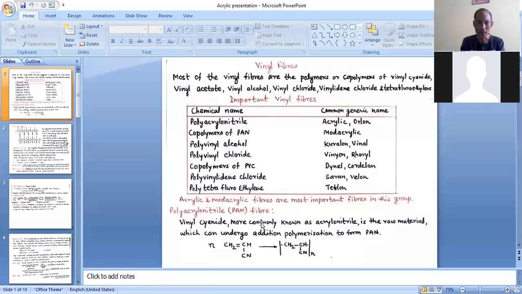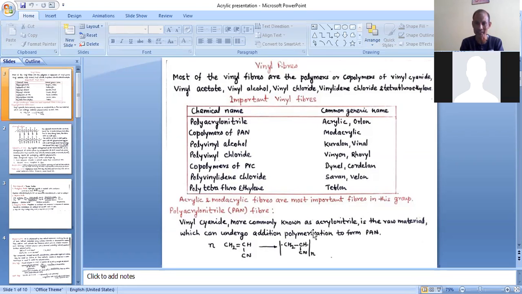Vinyl cyanide, which is more commonly known as acrylonitrile, is the raw material which can undergo addition polymerization to form polyacrylonitrile fibers like acrylic or orlon.